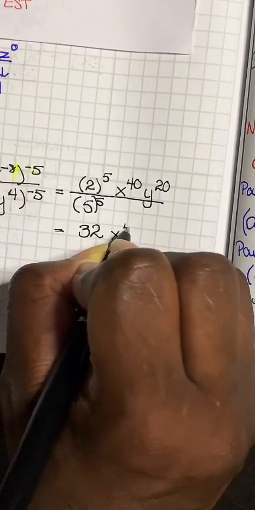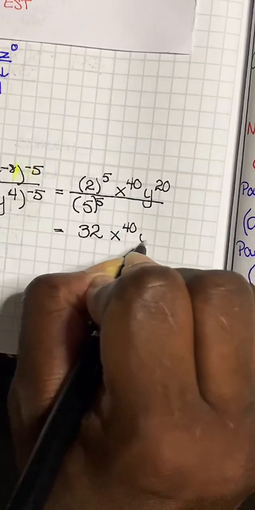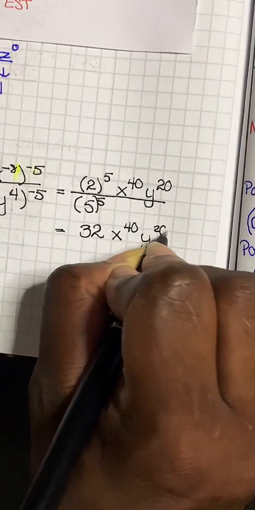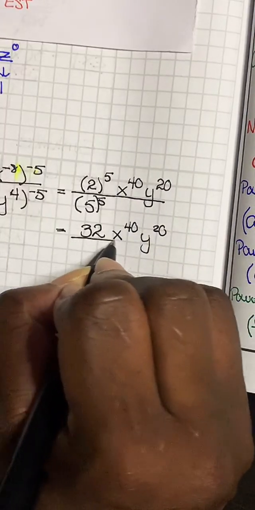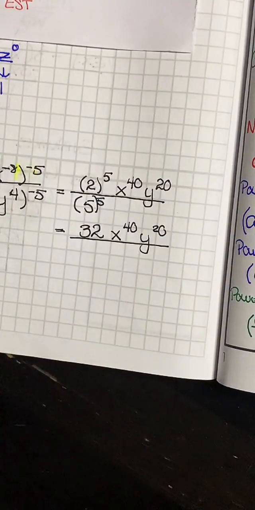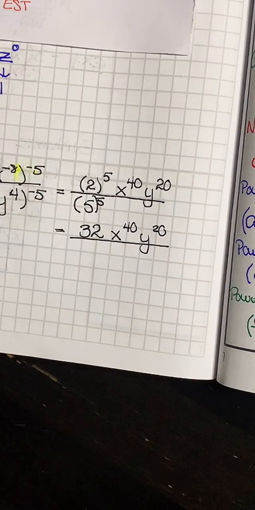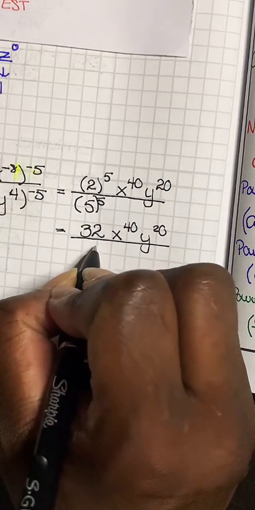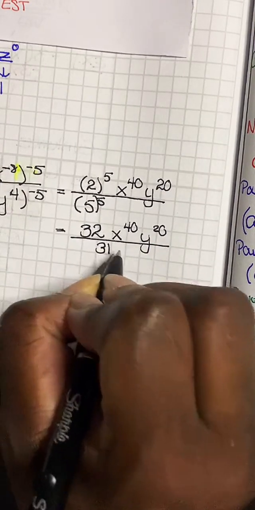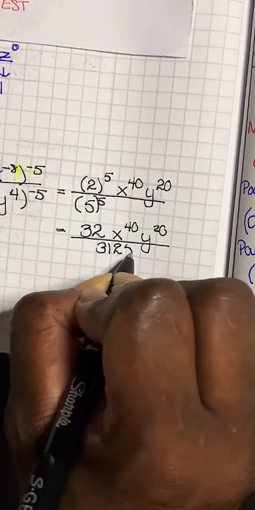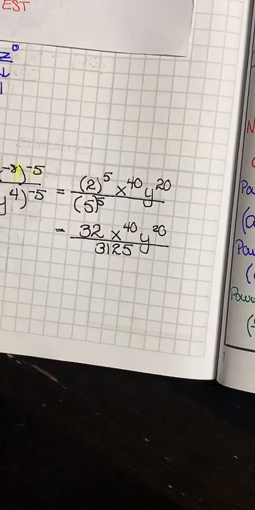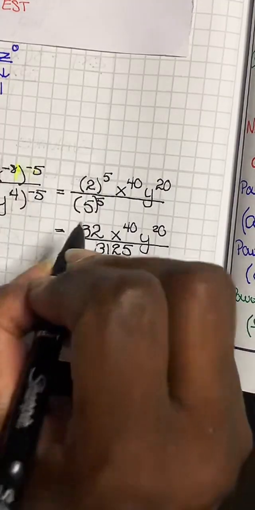Then we have our x to the 40th, y to the 20th, over my 5 to the 5th power. That's my, oops. So this will be 3,125.